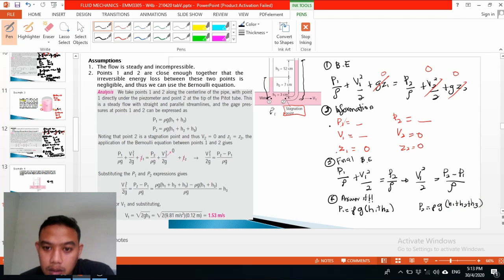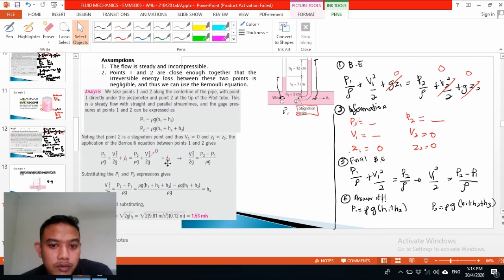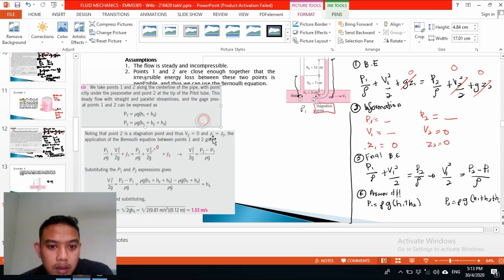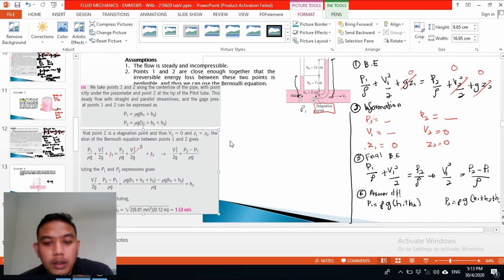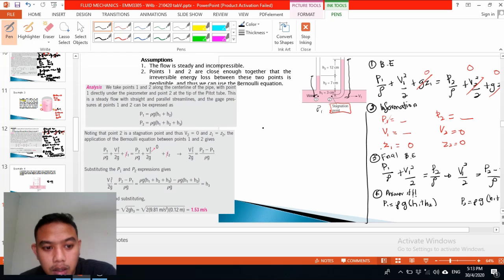Okay, so move it here, easy for us to explain. In order to answer this, you need to put everything inside your equation. So V1 squared divided by 2 is P2 minus P1.